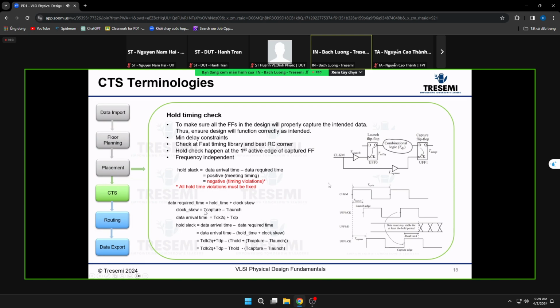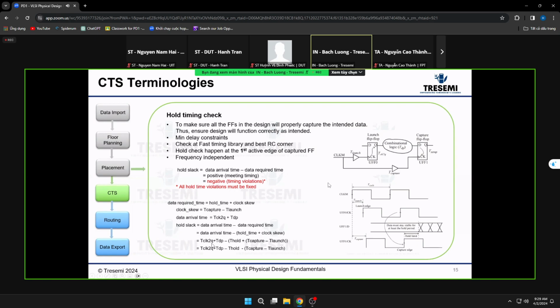Okay, data required time for hold is the hold time requirement plus the clock skew. Clock skew we know what that is. And data arrival time, like before, is clock to queue plus combo logic. So hold slack again is data arrival time minus data required time. Data arrival time is TQ plus TDP, minus data required time, which is hold plus clock skew.